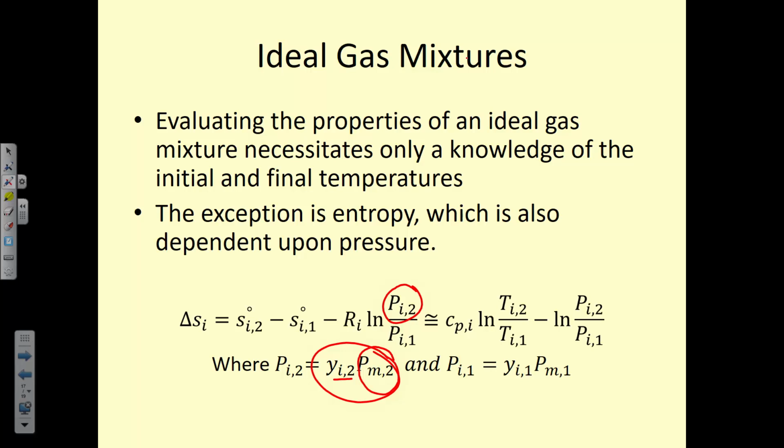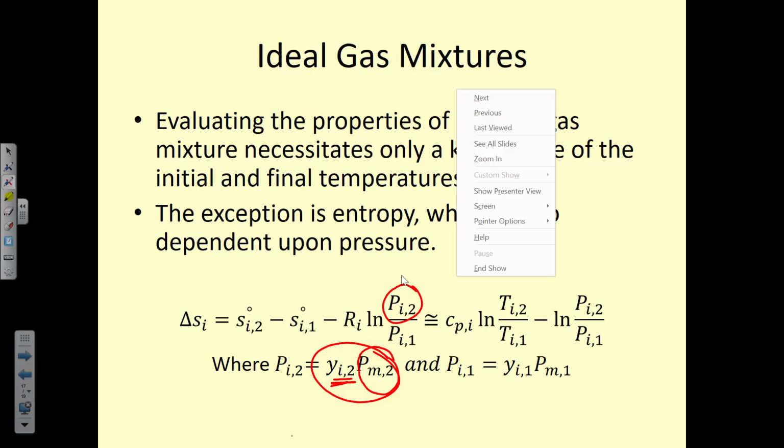But if you're given this mixture pressure and you need to figure out the pressure of your individual gas, then what they're saying is you can use the molar fraction to determine what pressure you should use when you put it into that equation as well. So this looks very similar to what we've seen already, but now we just have these mixture components in it that we didn't have before.